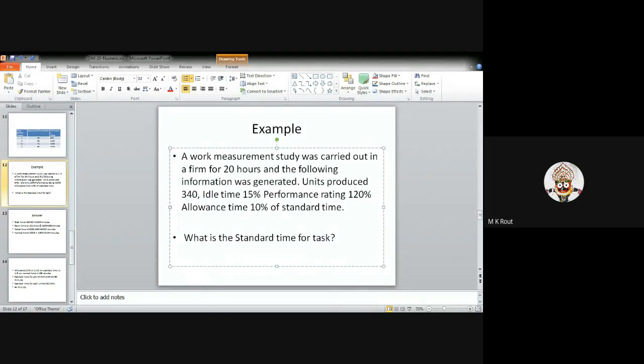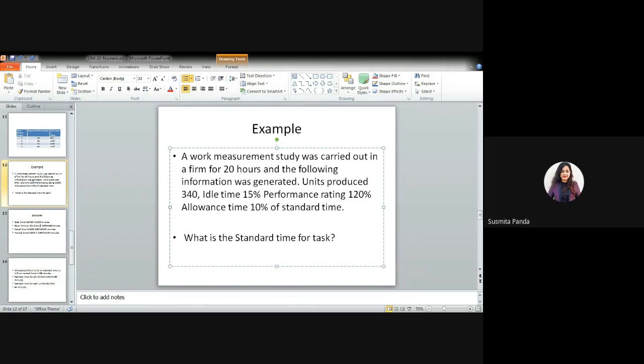Subhasri Jena, what is the total time for this particular statement? Subhasri Swai, let me tell him.